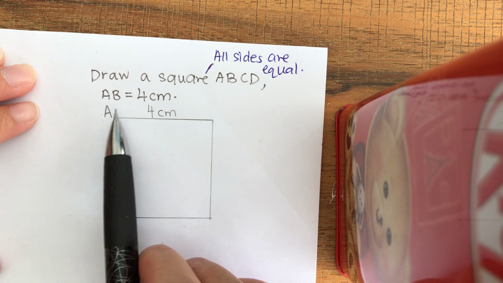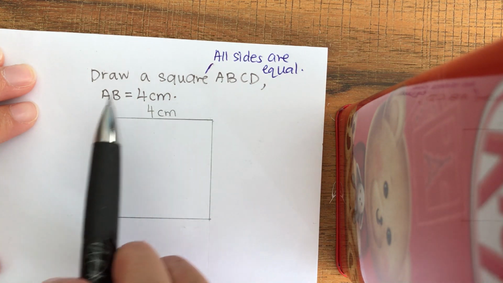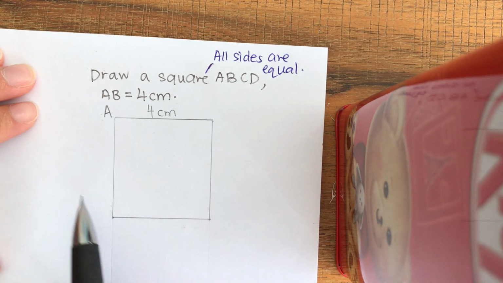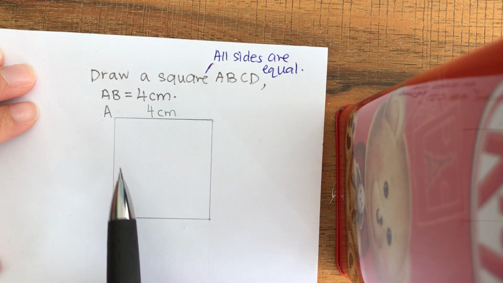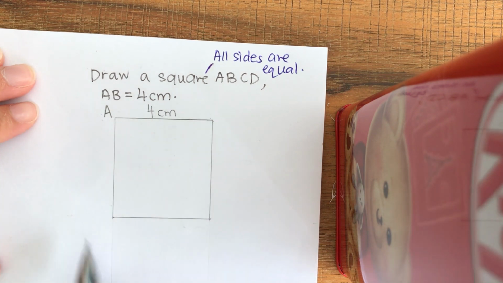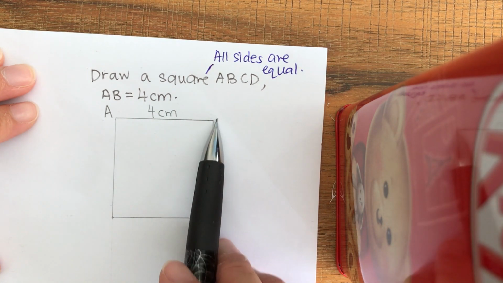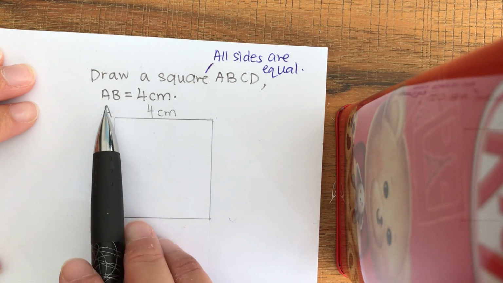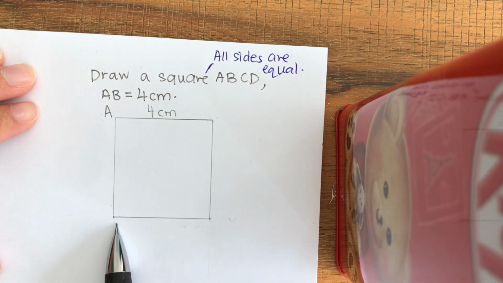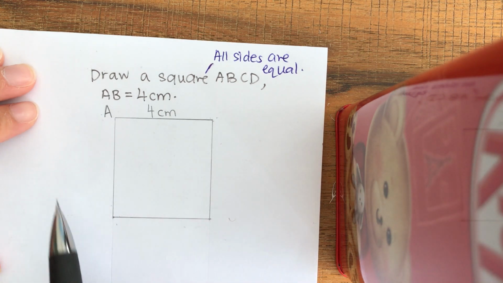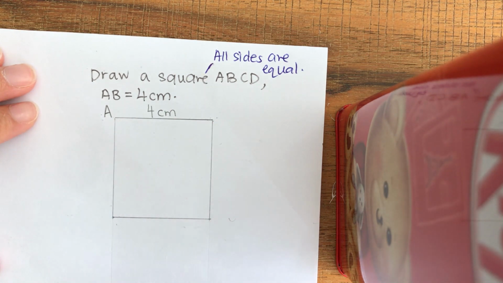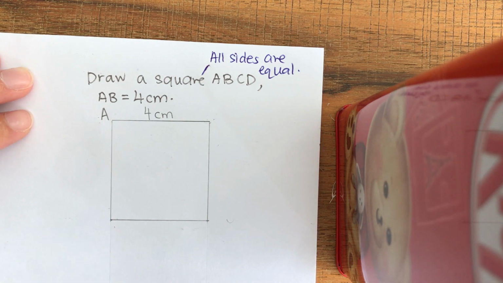You label it either clockwise or anti-clockwise. It means that if I label it clockwise, this will be A, B, C, D. You can see it's clockwise. If I label it anti-clockwise, it will be A, B, C, D. That's anti-clockwise. So that's the rule of thumb when you are labeling a square or rectangle.